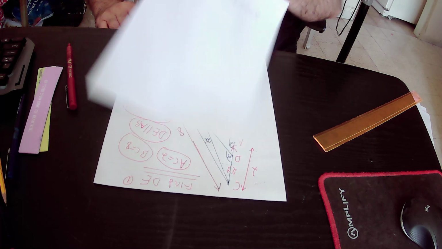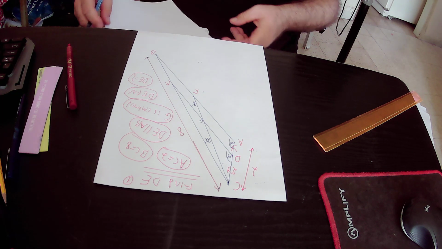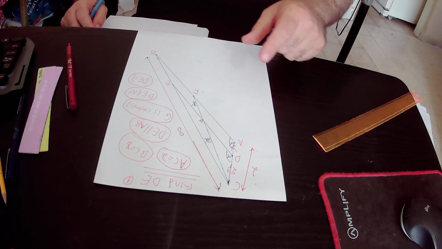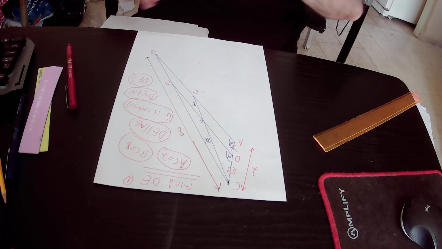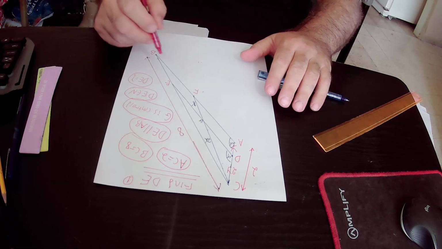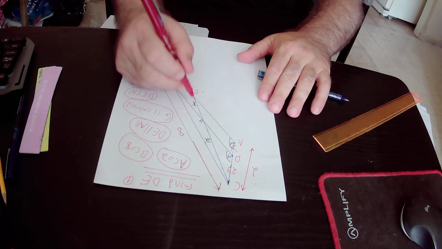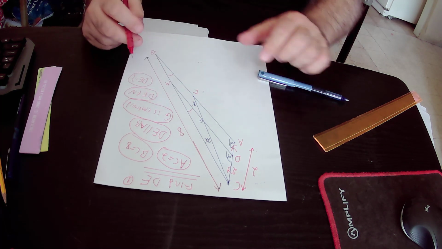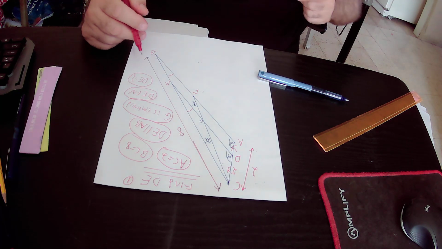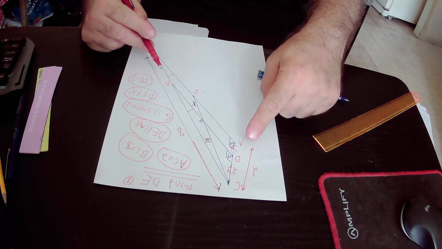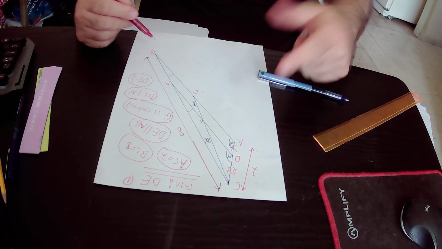Okay, and the same thing we can say about the other side of the triangle. Here we have two angles, this angle and this angle. Those two angles are located between parallel lines. Line DE is parallel to line AB.